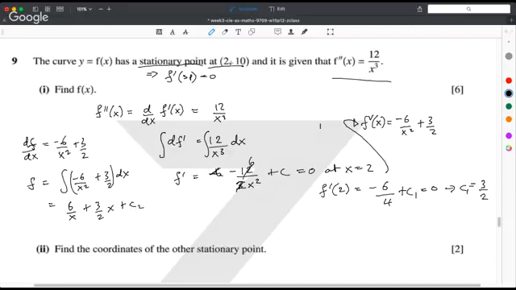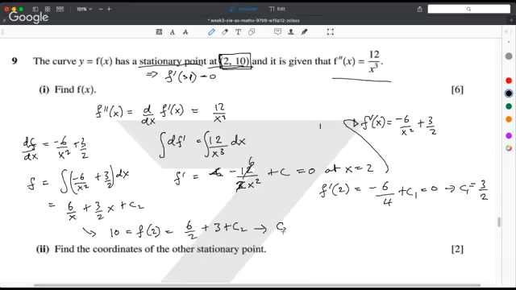And then we can use the fact that this is also a piece of information that this point lies on the curve, because f is just y, right? So we know that 10 is equal to f of 2, the original function evaluated at 2, not f prime. And that's equal to 6 on 2 plus 3 plus c2.